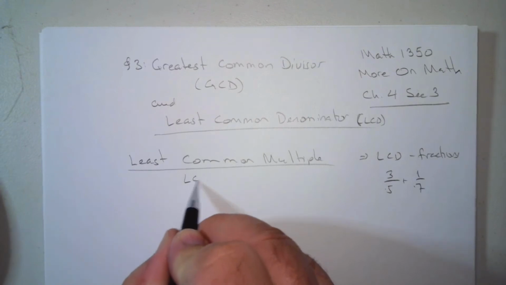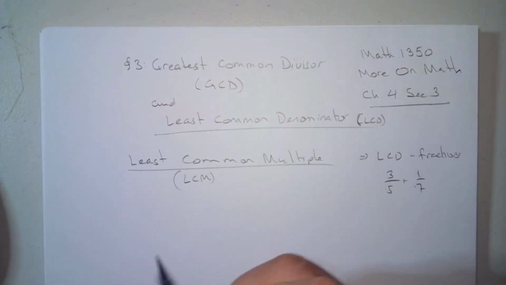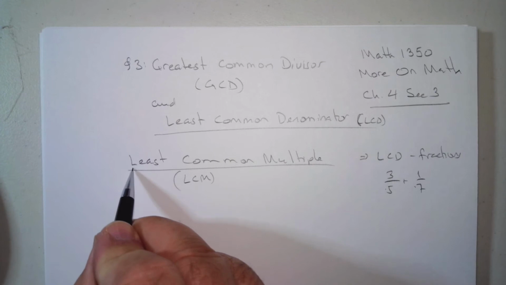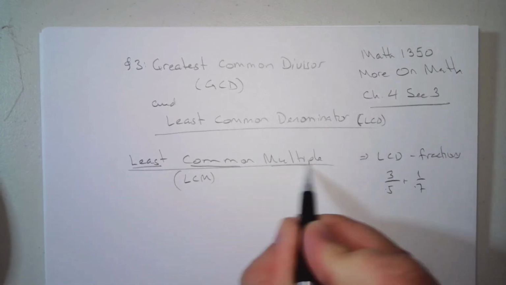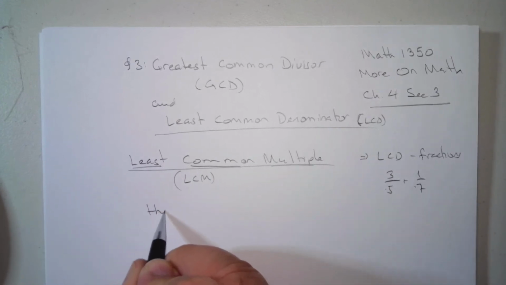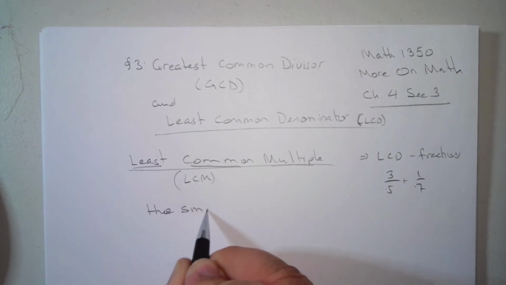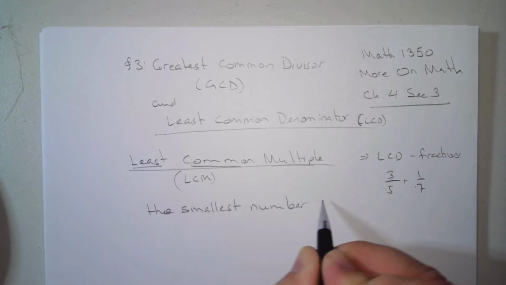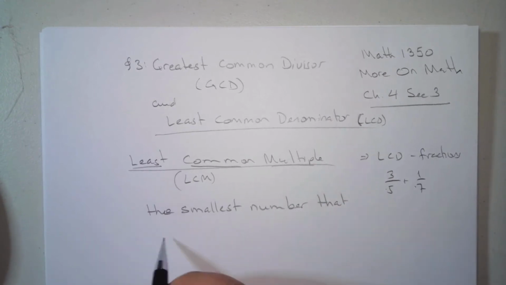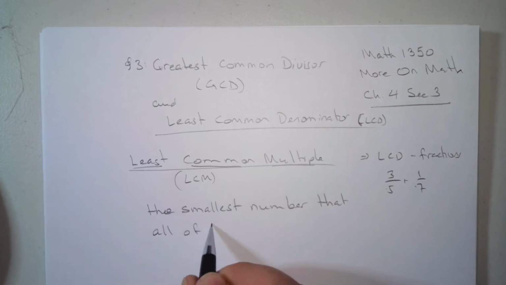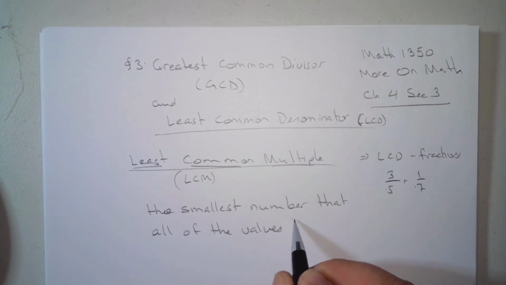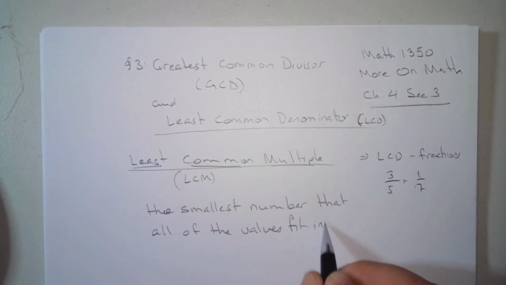So the LCM is, the least means the smallest common multiple. This one looks for the smallest number that all of the values fit into.